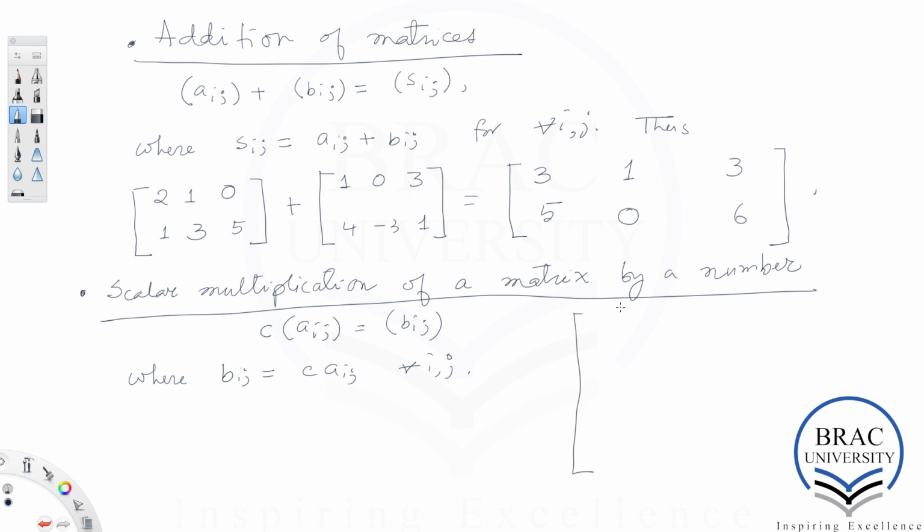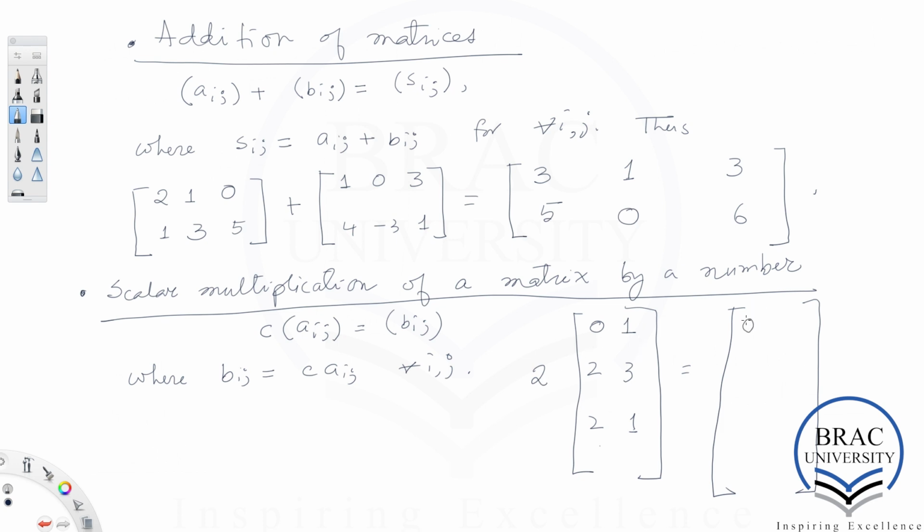For example, we have this 3 times 2 matrix, 0 1 / 2 3 / 2 1, and we are multiplying this 3 times 2 matrix by a scalar 2, a number, to get the new matrix by multiplying each of these entries by 2.